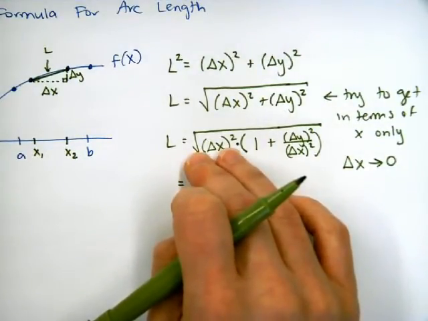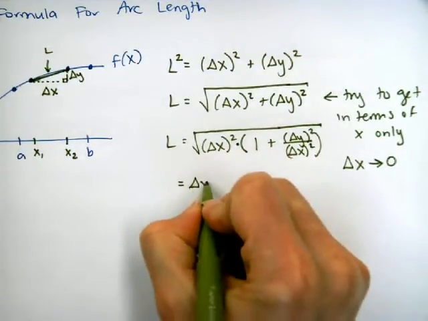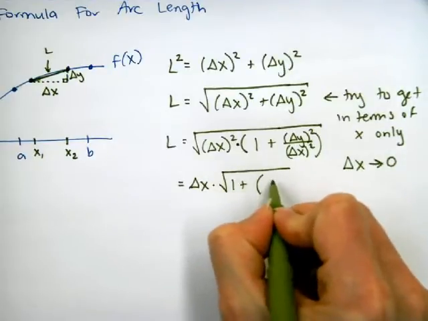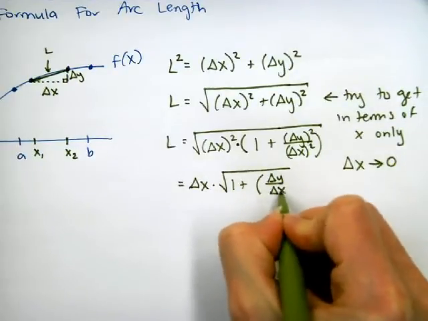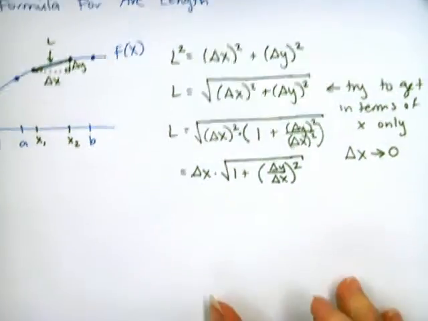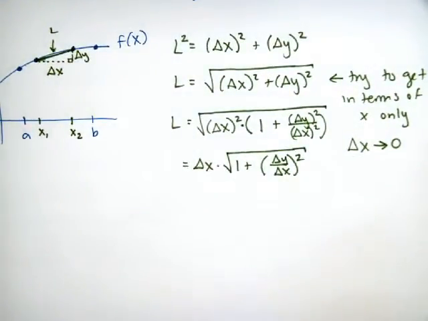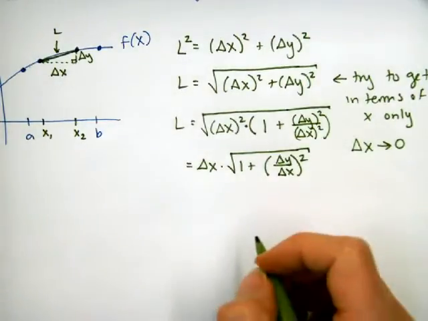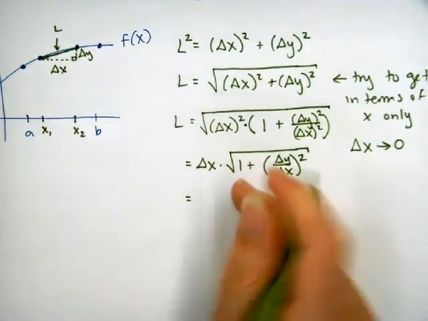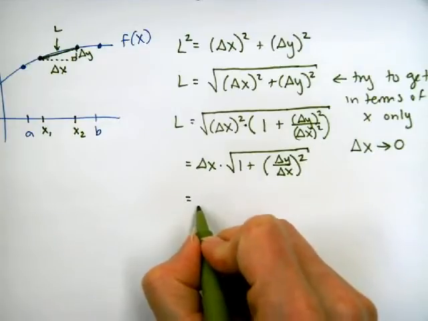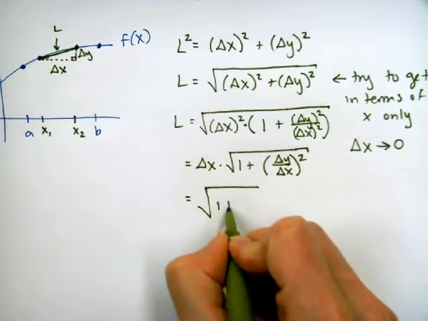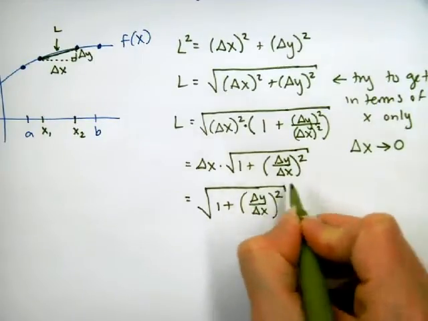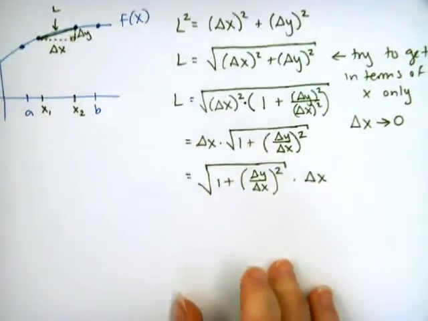You see how that would just be delta x times the square root of 1 plus delta y over delta x squared. Okay, I'm just going to rearrange this slightly, and we're going to make this the square root of 1 plus delta y over delta x squared, times delta x, like that.